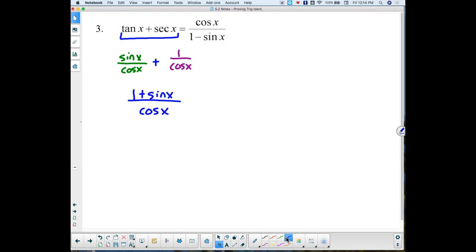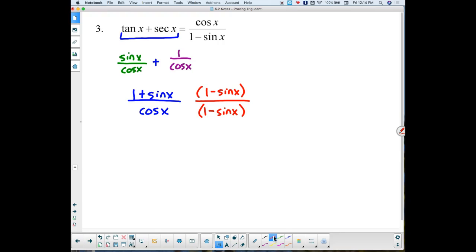Okay? So, I can multiply this top by 1 minus sine, right? But if I do that, I have to multiply the bottom by 1 minus sine. Correct?